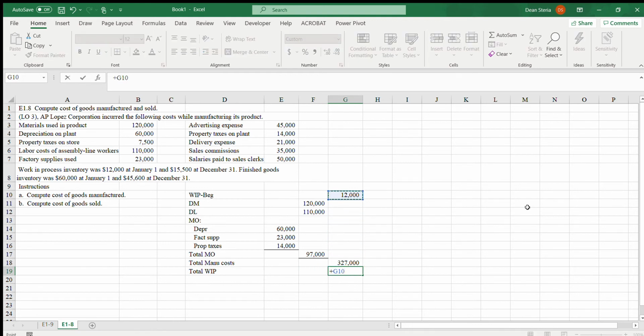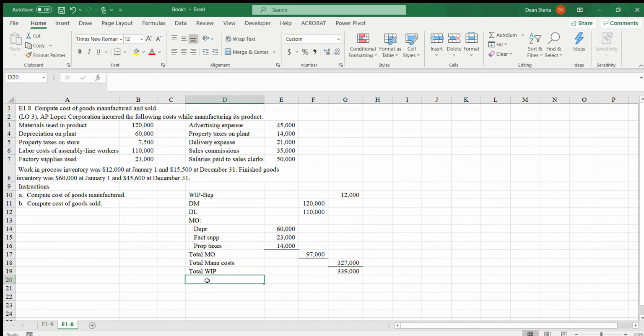So we add those two together, and that gives me my total work in process cost. And then what do I do? I subtract, so less my WIP ending. And my WIP ending is 45.6. Okay, here it says it in the words.